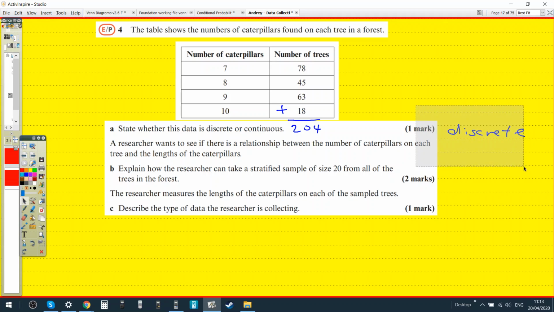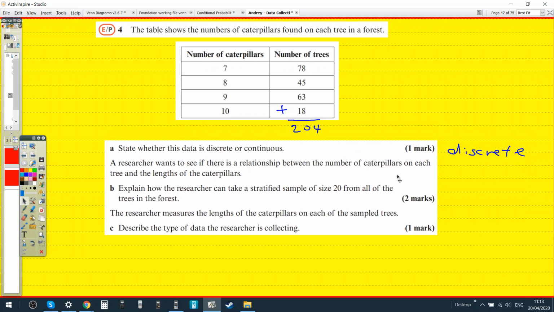And so would it be something like 78 over 204 times 20?